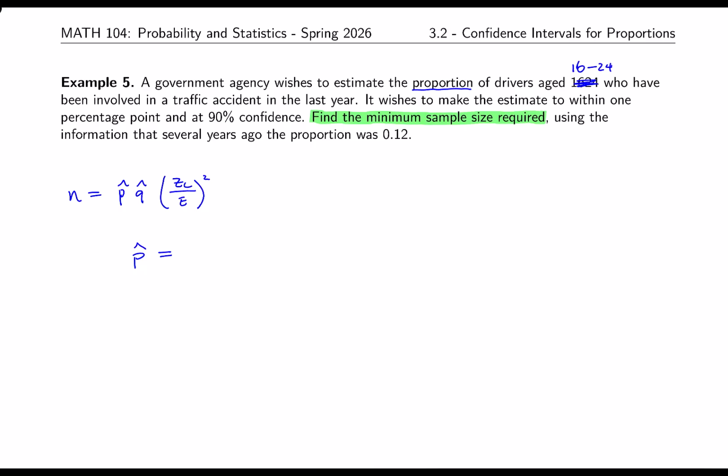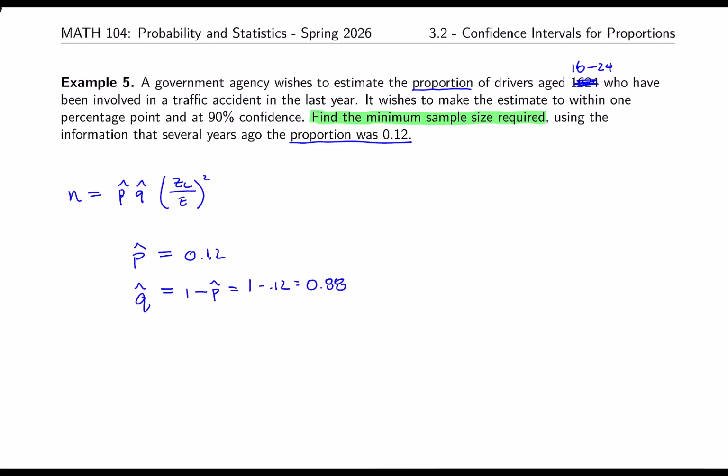What we do know is from a previous time, the proportion was 0.12. So we're going to use that as our estimate, just so we can hit the ground running here and actually do a calculation. q then is always 1 minus p. So 1 minus 0.12 would be 0.88.